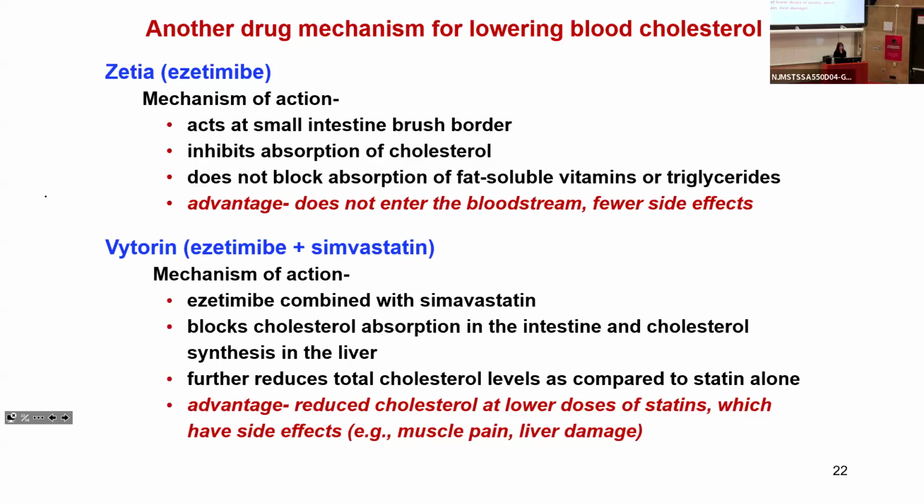And so what's popular amongst pharmaceutical companies and for drug discovery is to combine drugs together. And so there's a version called Vytorin. What it is, is this ezetimibe, which blocks cholesterol absorption, with a statin, right? And so it's doing two things.